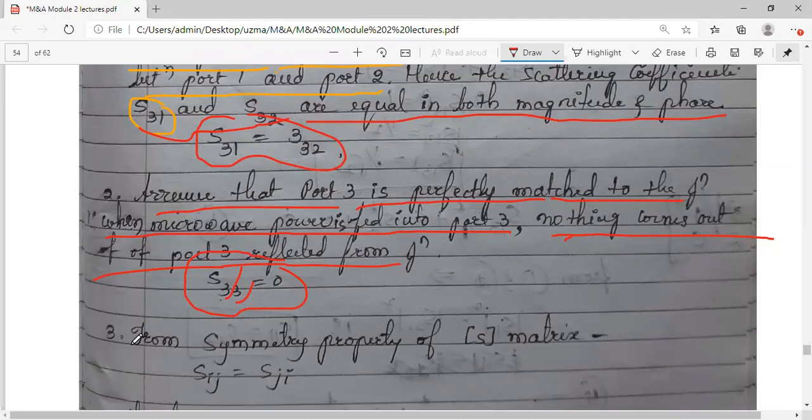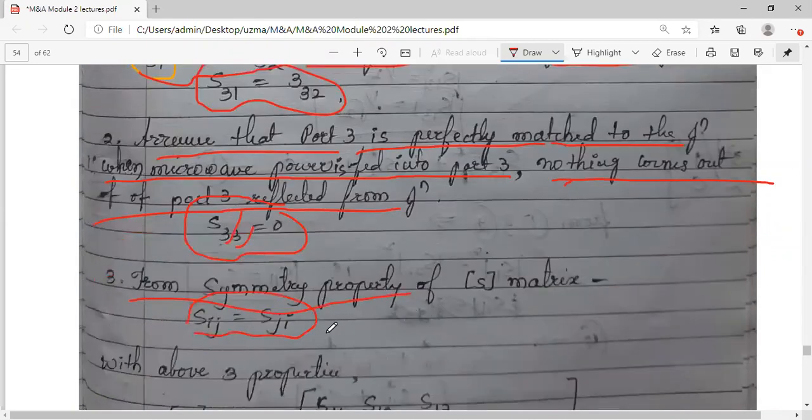Then you have the symmetry property, the unitary property. Out of that, let me consider the symmetric property. What is symmetry? Sij is equal to Sji. That is your symmetric property. Symmetry property is applicable for a reciprocal network, remember. And the unitary property is applicable for a lossless network.